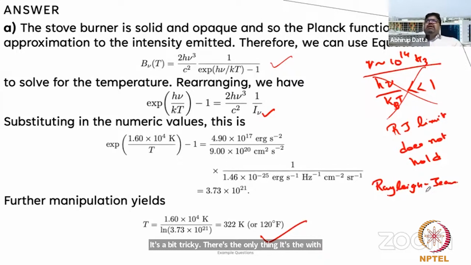If it is close to a few tens of gigahertz, it is still okay for the approximation, but at 100 gigahertz or more you go by Planck's law.